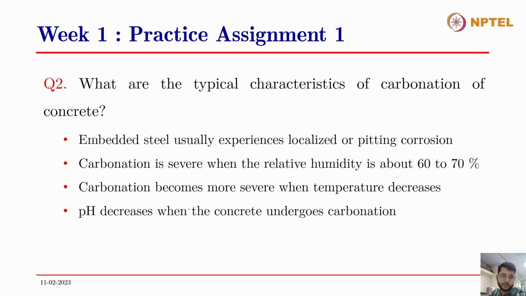The options were: embedded steel usually experiences localized or pitting corrosion; carbonation is severe when the relative humidity is around 60 to 70%; carbonation becomes more severe when temperature decreases; or pH decreases when the concrete undergoes carbonation.